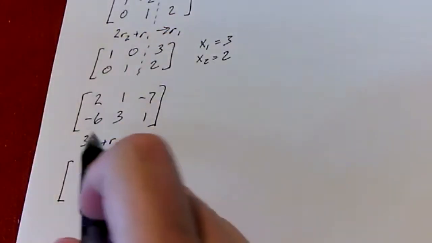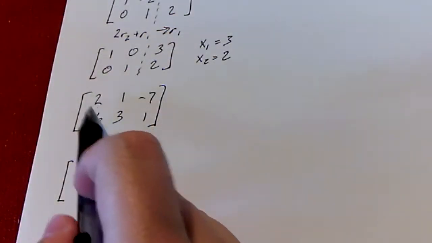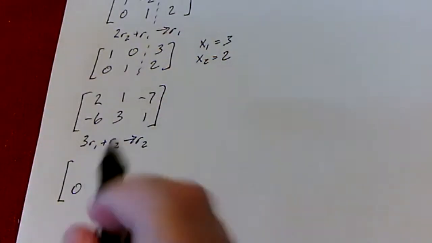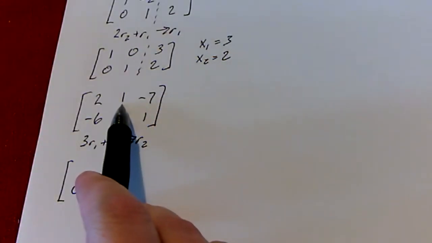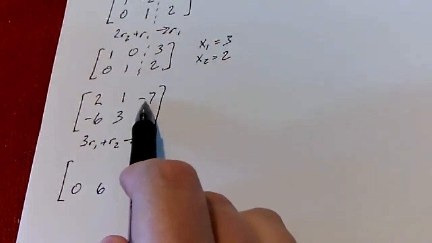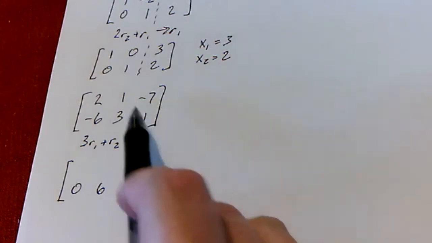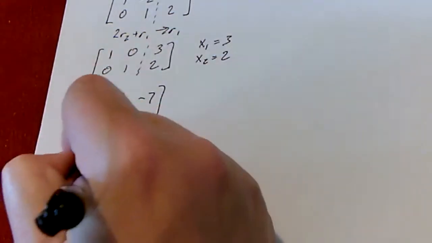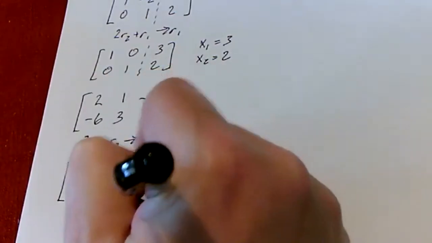That's going to give me 3 times 2 is 6. 6 minus 6 is 0. 3 times 1, I'm sorry, is 3. Add that to 3, I get 6. 3 times negative 7 is negative 21. Add that to 1, I get negative 20. And then my top row is unchanged.